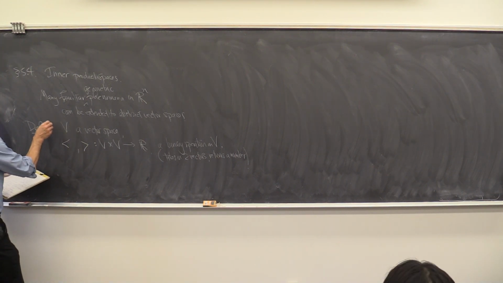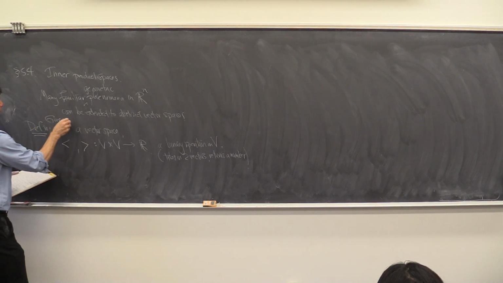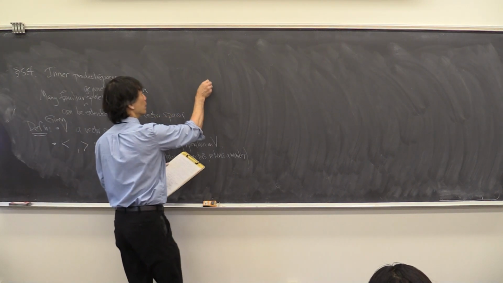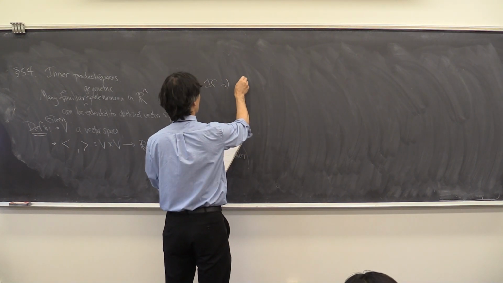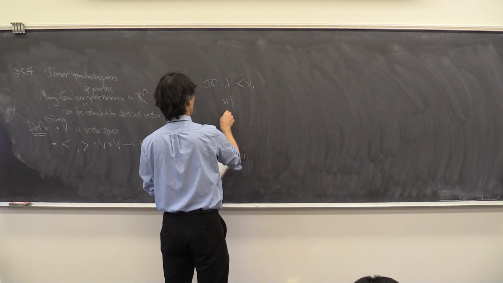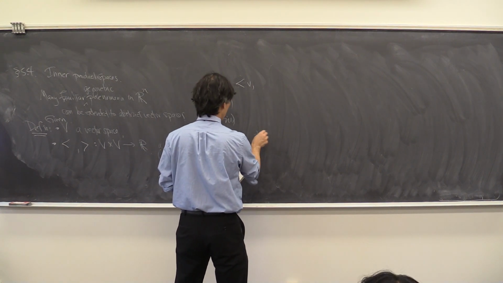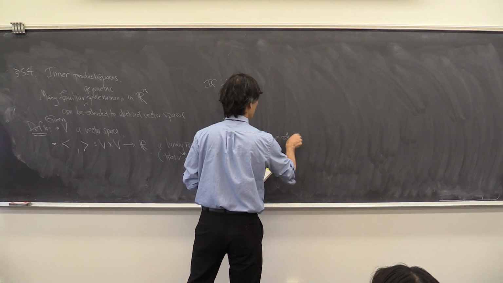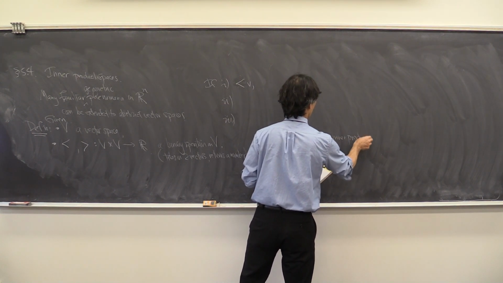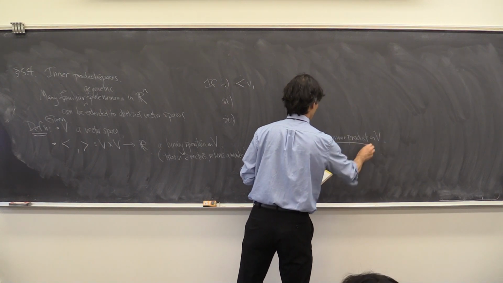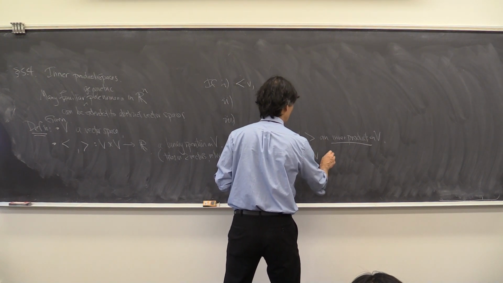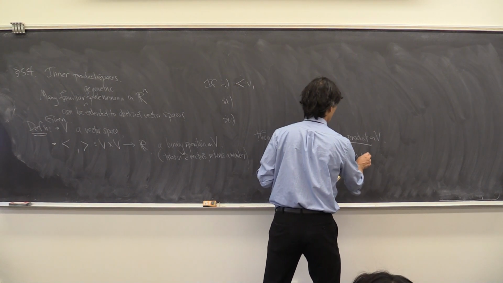Given a vector space and a binary operation, if three things happen, then we call this binary operation an inner product on V, and we call V with that inner product an inner product space.